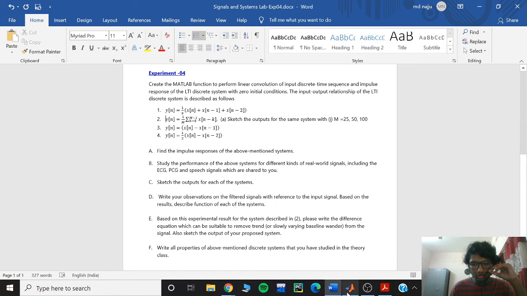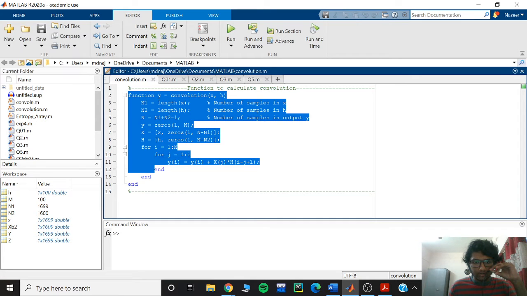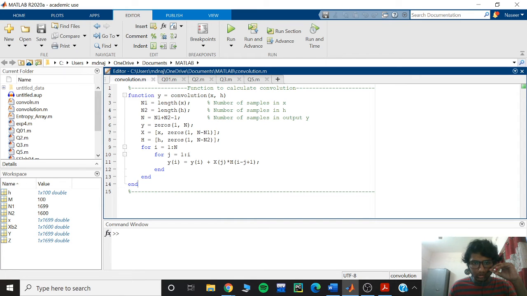Now I'll show you the code for convolution. This is the function that I've written to find the convolution of two signals. It takes two input parameters, which are the input signal x and the impulse response h. First we find the number of non-zero samples in x, n1, and the number of non-zero samples in h, n2.